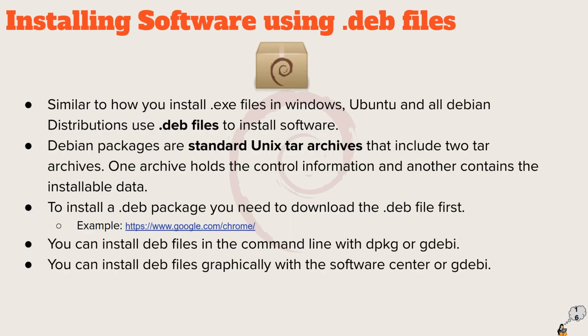Okay, let's say that the software that you want to install is not available in the main repos, and the developer hasn't provided a PPA, but instead decided to package their software as a deb file. How can I install this? Well, apt can install PPAs, no problem.